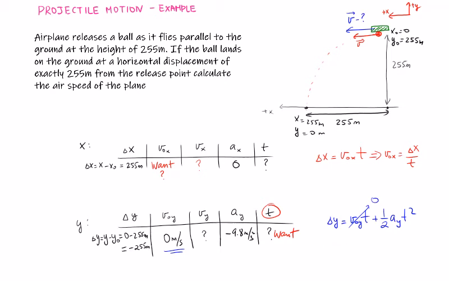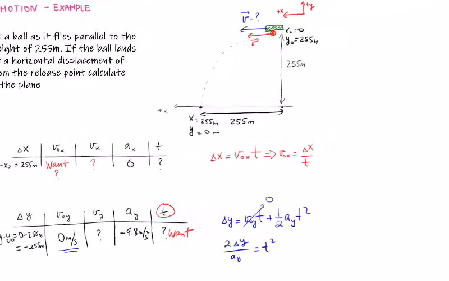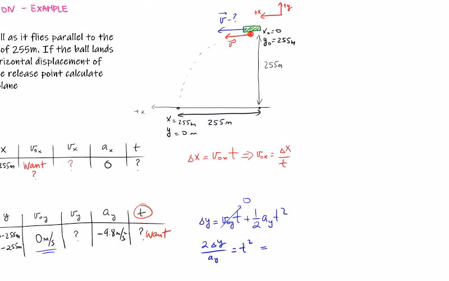Let's solve for t first. From here, I can find 2 delta y over ay equals t squared, and then t equals the square root of 2 delta y over ay. So plugging in the numbers, we get 2 times negative 255 meters divided by negative 9.8 meters per second squared.